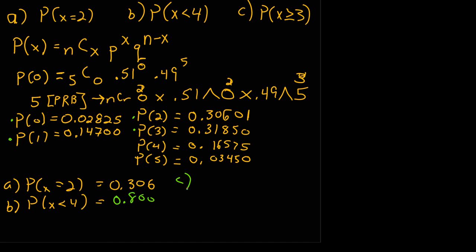And lastly, I want everything greater than or equal to 3, and that's the sum of these 3 probabilities. So the probability for x greater than or equal to 3 is the sum of the last 3 probabilities on my distribution.